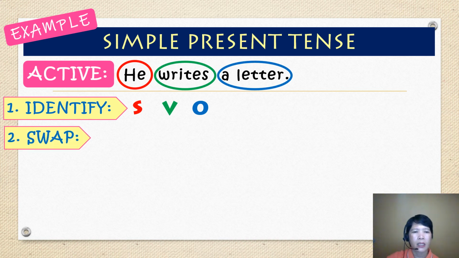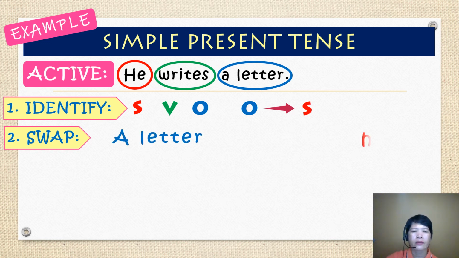Next step is to swap the object and the subject's position in the sentence. So we will write a letter and then him. As you can see, the pronoun he in the active voice becomes him in the passive voice.